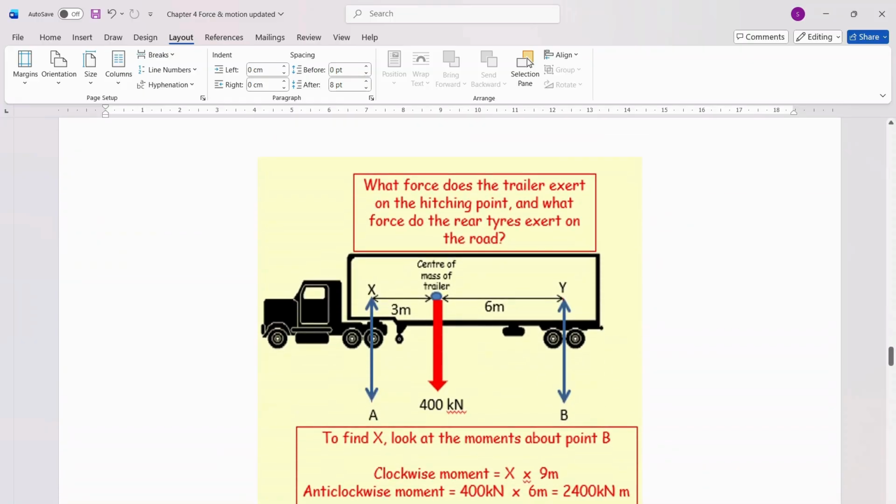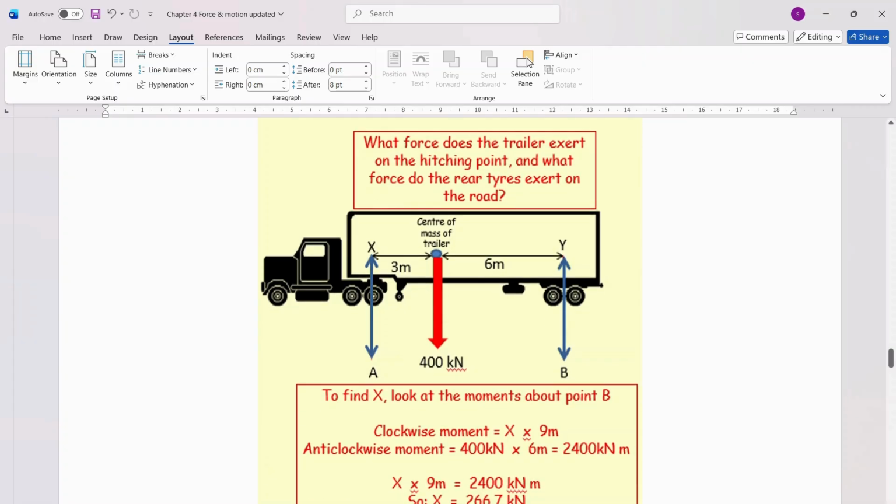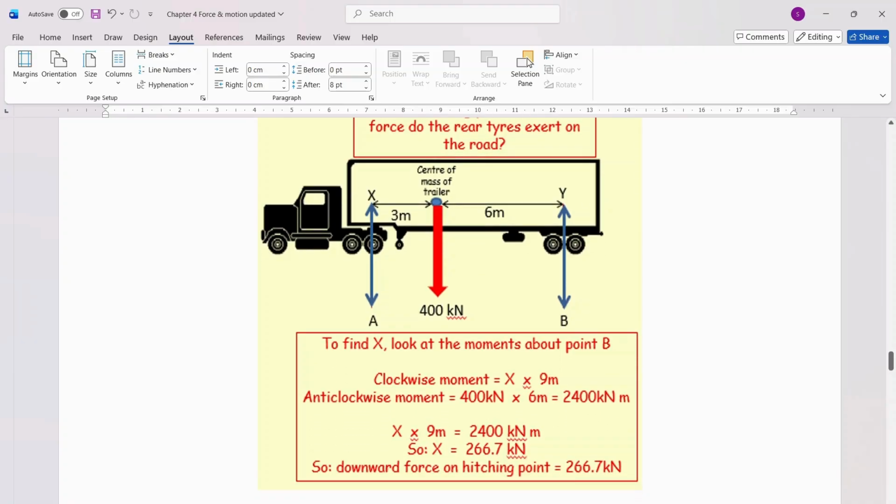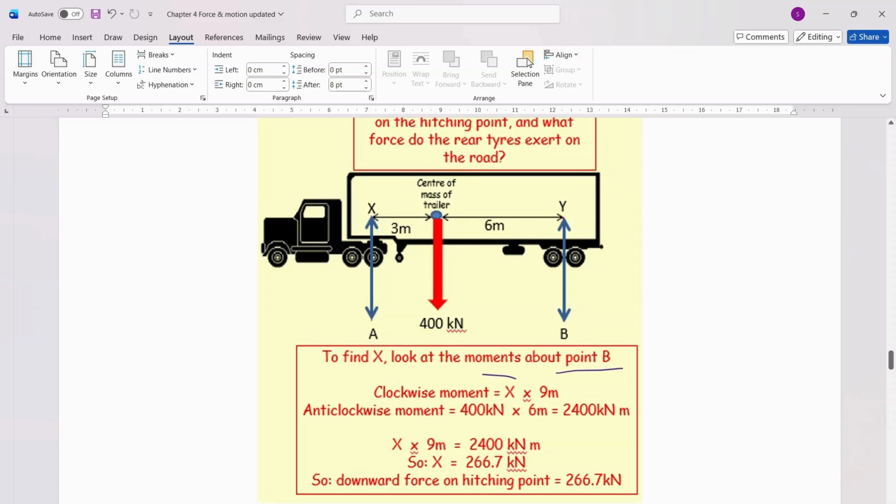So if we need to know what force the trailer exerts on the hitching point and what force the rear tires exert on the road, we need to find X and Y. To find X, we can look at the moments about point B. Its clockwise moment is X times the distance. The distance is given, which is 9 meters, 6 plus 3.